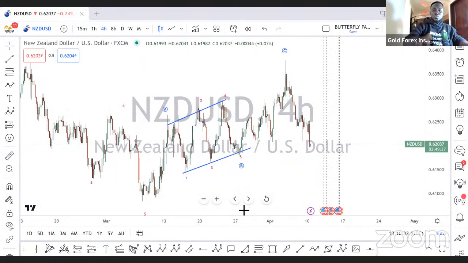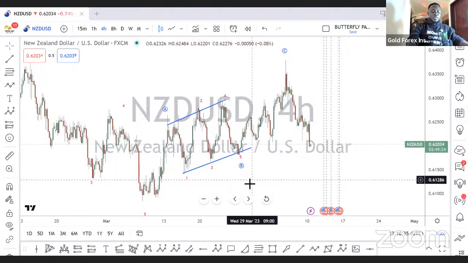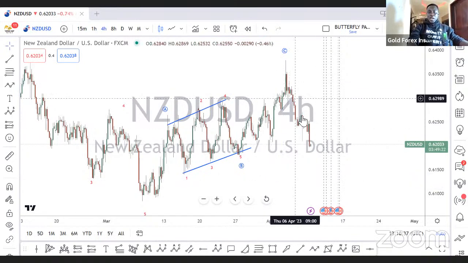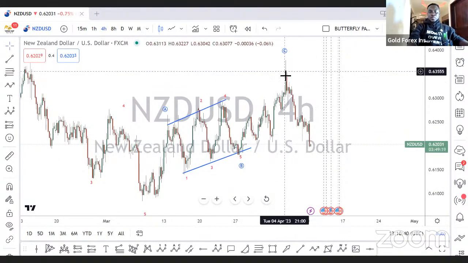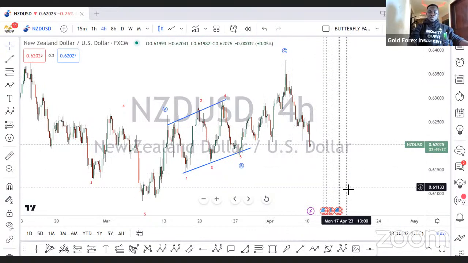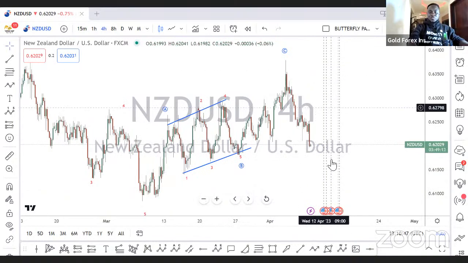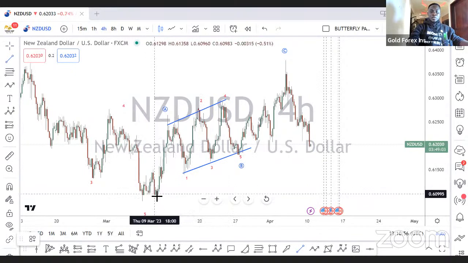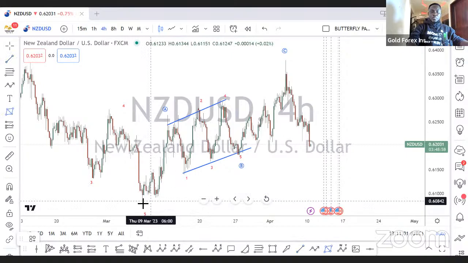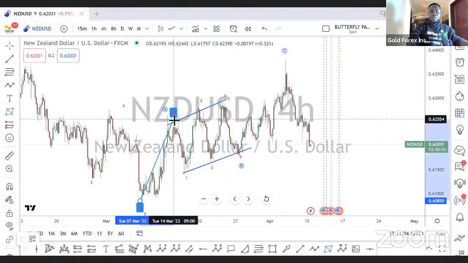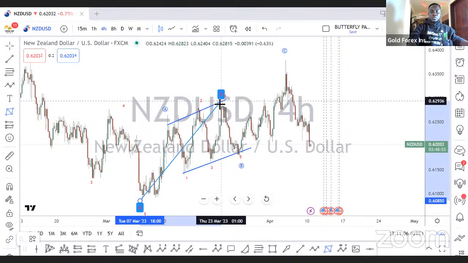So you can either see it as an impulsive move, or you can use it as a simple harmonic pattern, but I want to see it as an impulsive move. So this one, the sell is already gone. You actually have to sell on this one, but the sell is already gone.